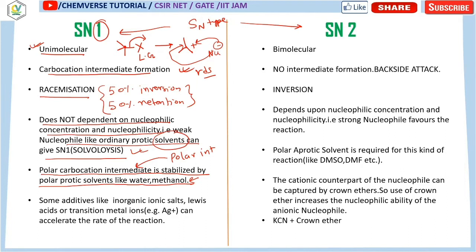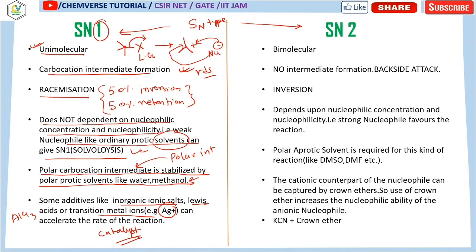Now some additives like inorganic ionic salts, Lewis acids like AlCl3, or some transition metal ions like silver plus cation can accelerate the rate of the reaction. So this will increase the rate of the SN1 reaction, and these can be called catalysts of the SN1 reaction.